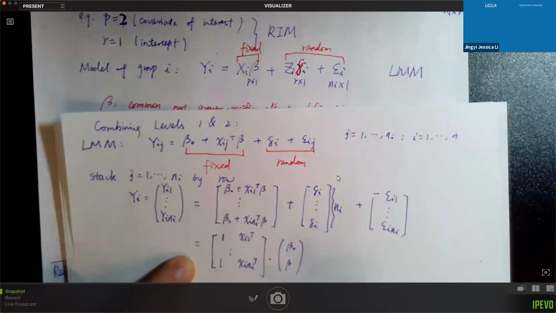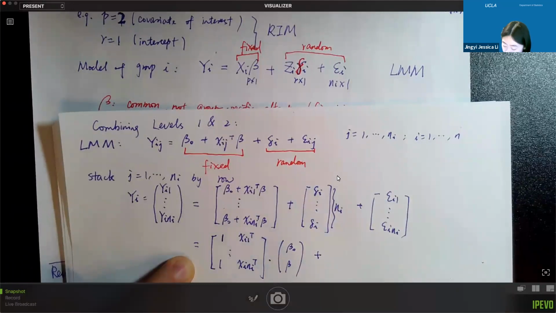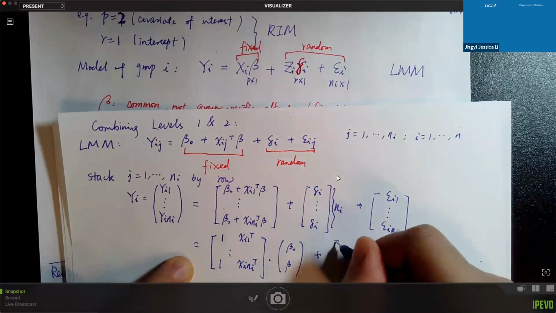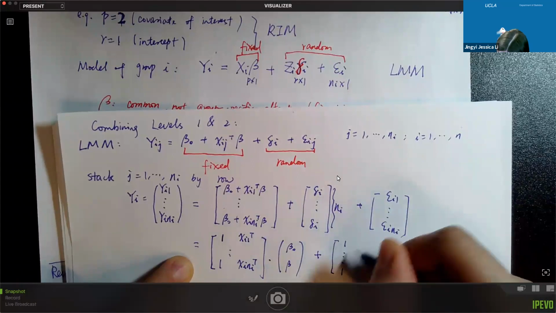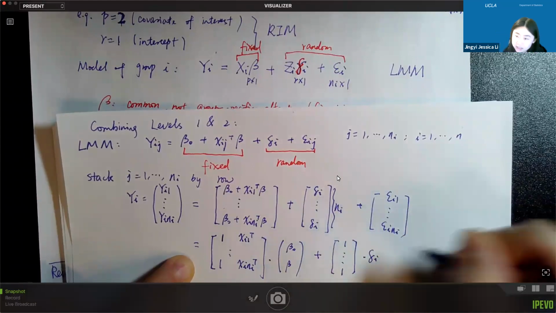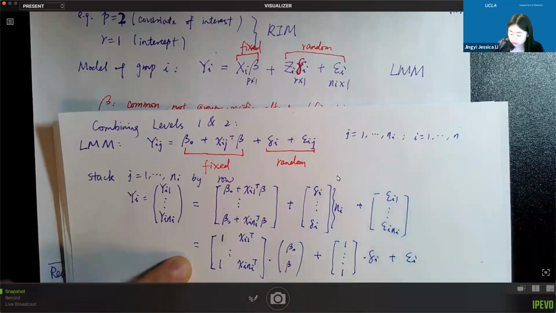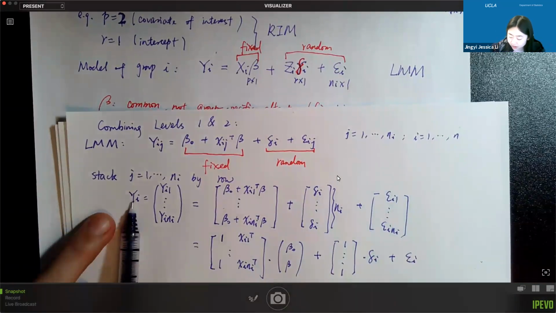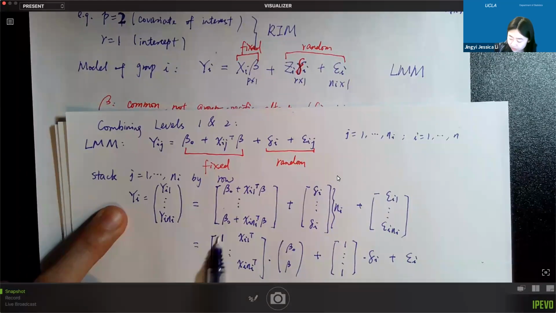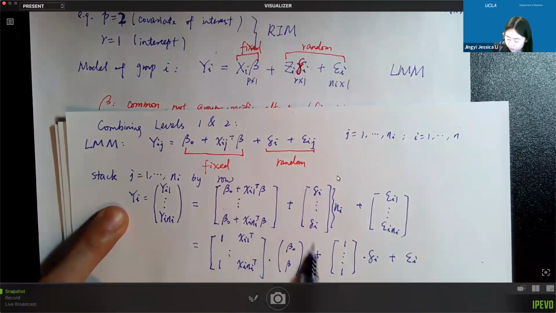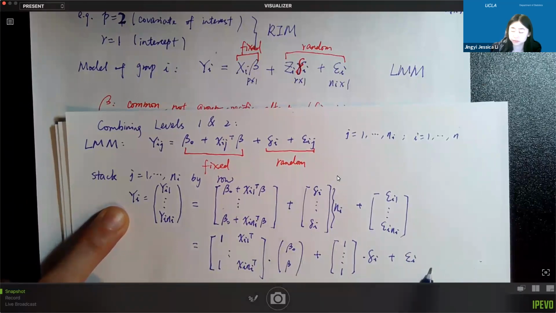Plus, for this part, we can just write it as 1 times delta i, the scalar delta i, plus epsilon i. You see? So I do have that form. Yi equals a matrix, the fixed design matrix, times the coefficient vector, plus the random design matrix times another coefficient, the random coefficient, plus the error term.